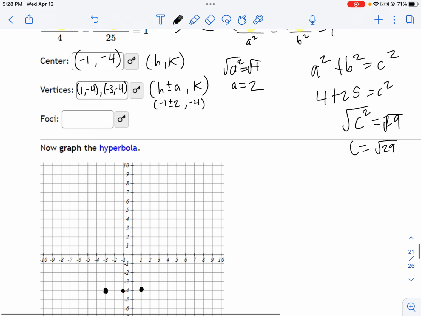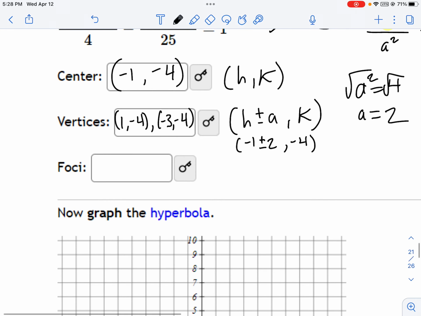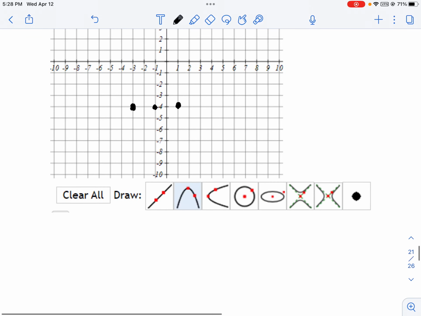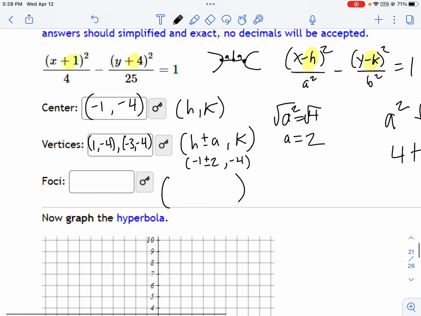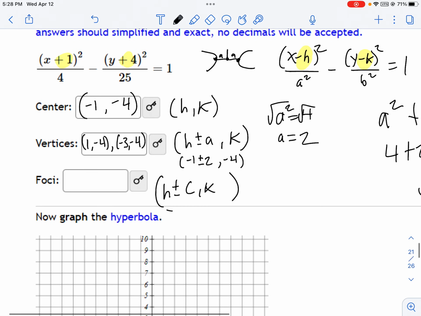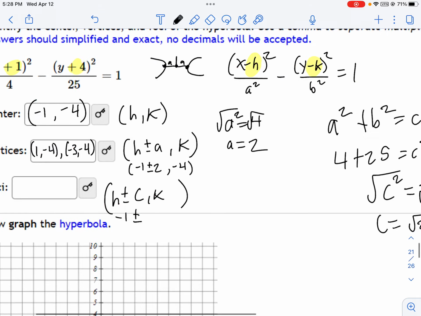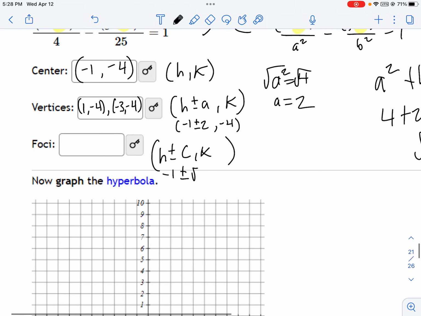Okay? And the reason why we need the c value is that your foci are along the same line that we get along our vertices, or our foci will be a little bit further than our two vertice points, right? So it's going to be h plus or minus c, comma k for that one. So we already know our h, right? It's negative 1 plus or minus. We just found c to be the square root of 29.